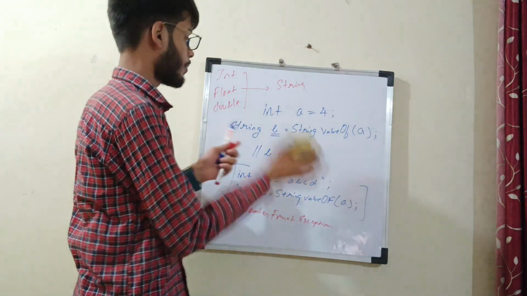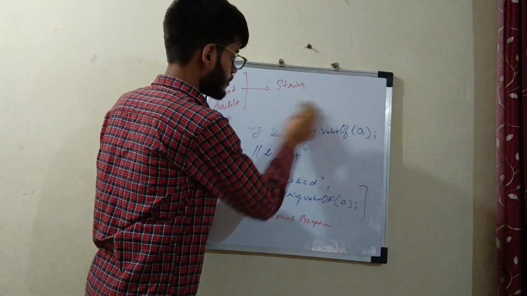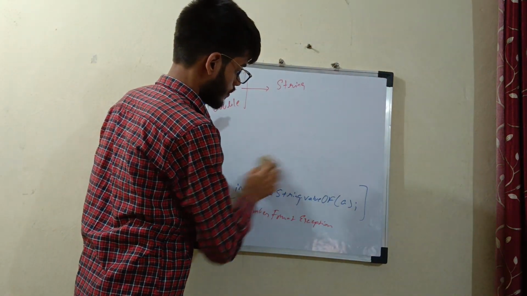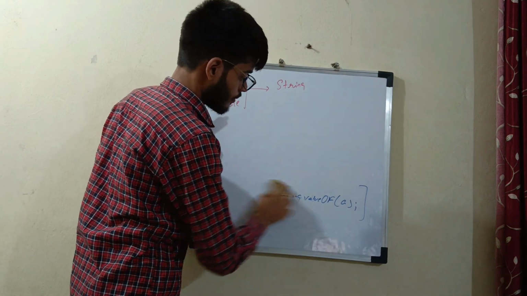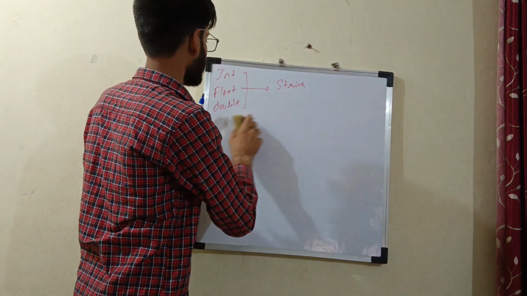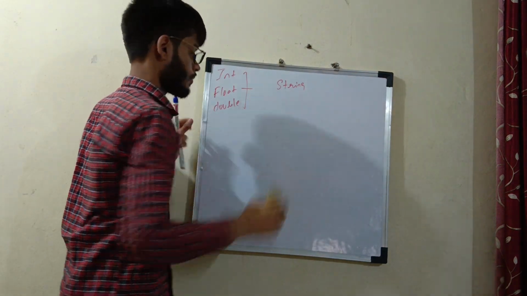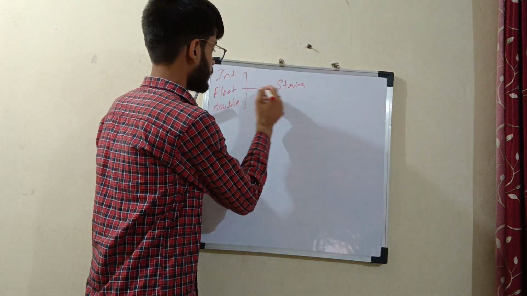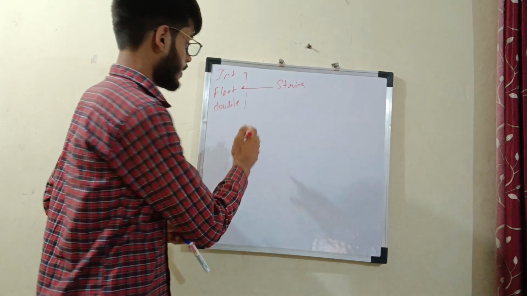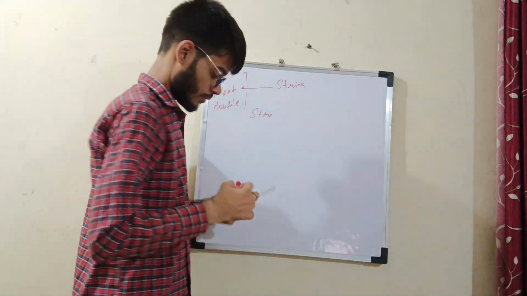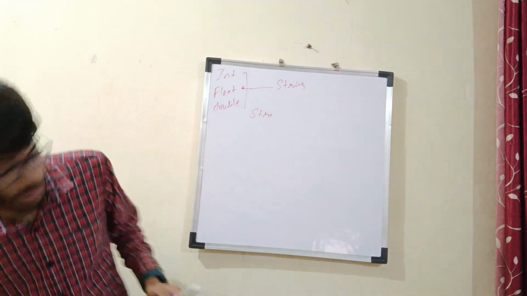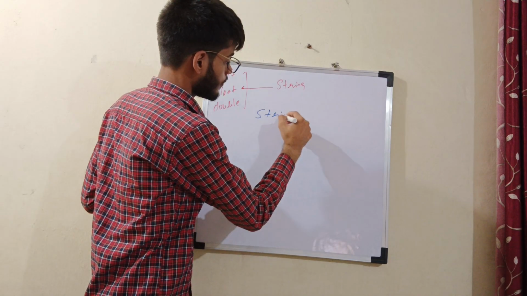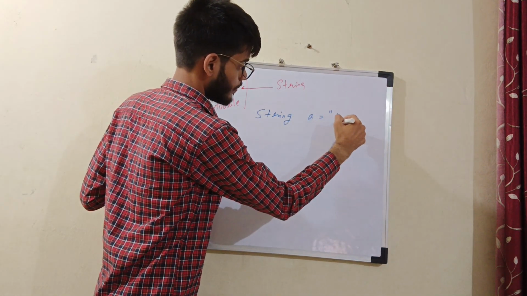Now let's see how we can perform the reverse. Let's take this example. Suppose we have string a equals to 4.